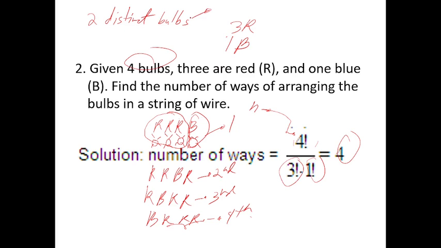So we have a red bulb, so we have 3 now, and for the blue bulb, we have 1. That's why it is n factorial over n1 factorial and n2 factorial. So I hope you get it.